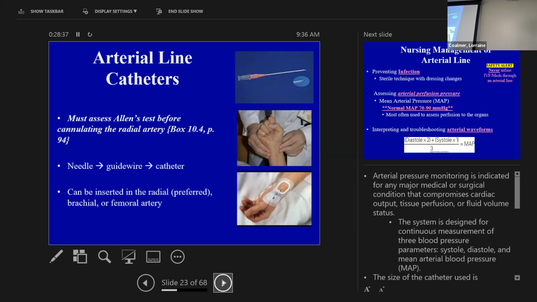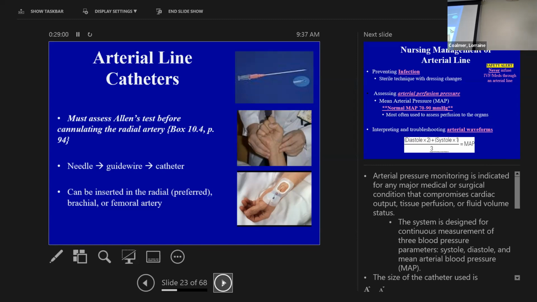How are those 6 P's distal to wherever that line is inserted? Because if I have a cap refill of 5 in this hand, we better take that art line out. Do you guys understand that? My hand is cold. We better call somebody to get that art line out. So make sure that you are continually assessing the 6 P's of that. I can't stress that enough.